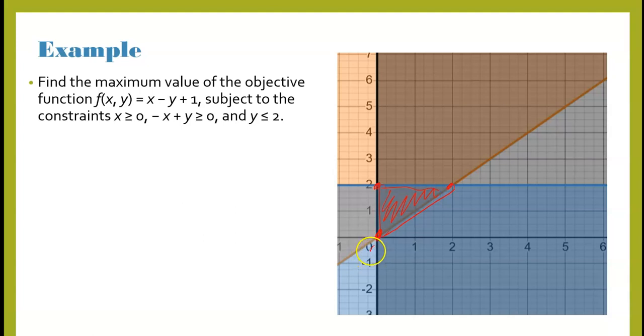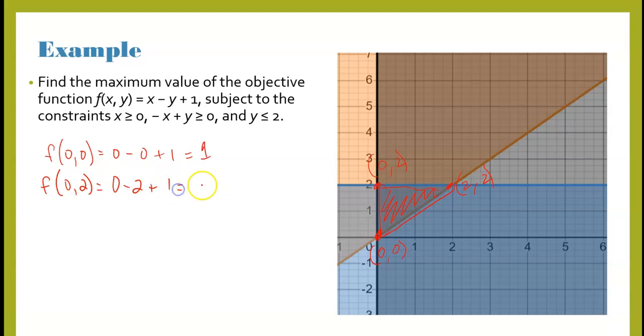And now we identify the vertices. This is 0, 0, this is 0, 2, and this is 2, 2. And now we're going to put all of those into the function f of x comma y. F of 0, 0 is 0 minus 0 plus 1. It's equal to 1. F of 0, 2 is 0 minus 2 plus 1, which is negative 1.